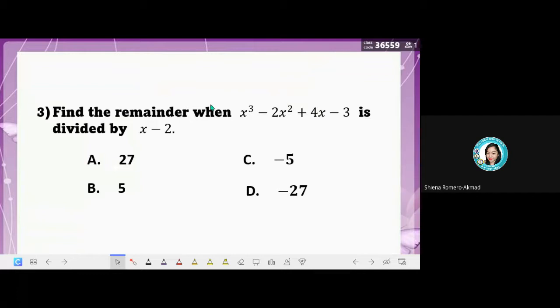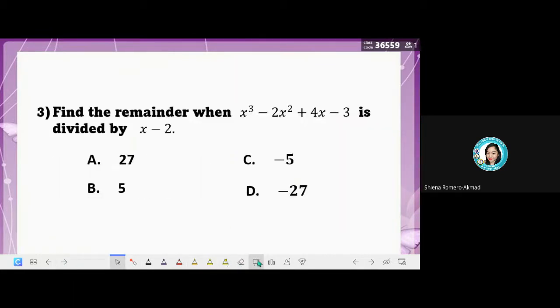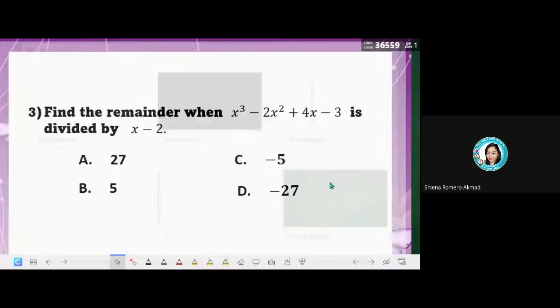Next. How about if we are going to divide this? X cubed minus 2x squared, pakisulat na. Baka hindi ko na matandaan. X cubed minus 2x squared plus 4x minus 3 divided by x minus 2. Okay, so let's start. What is the given again?